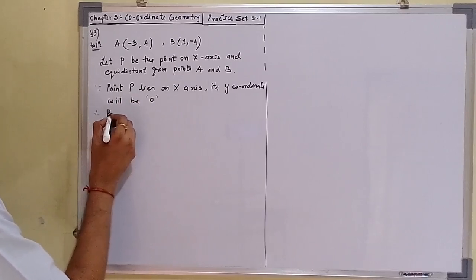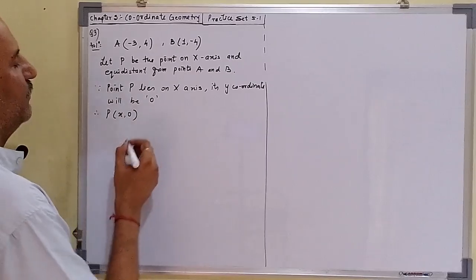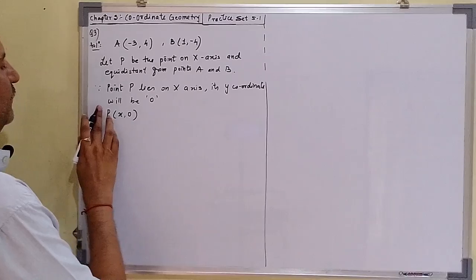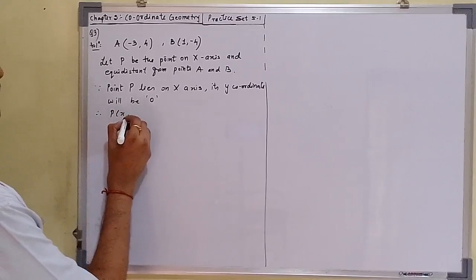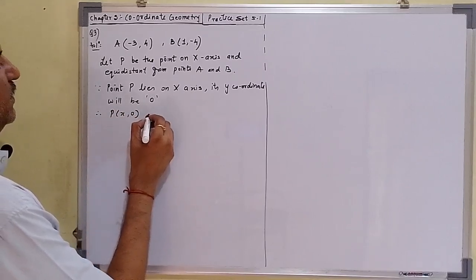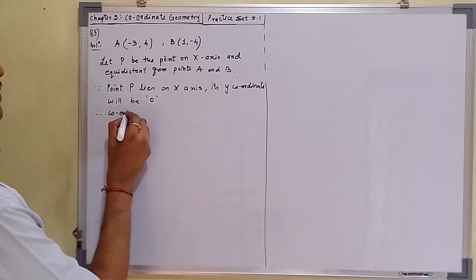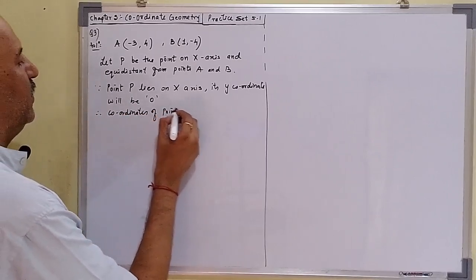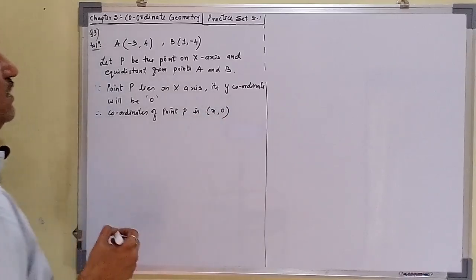Therefore, P (x, 0). ये हमने ले लिया. ओके, अभी हमें therefore coordinates लिखो ना, therefore coordinates of point P is (x, 0).